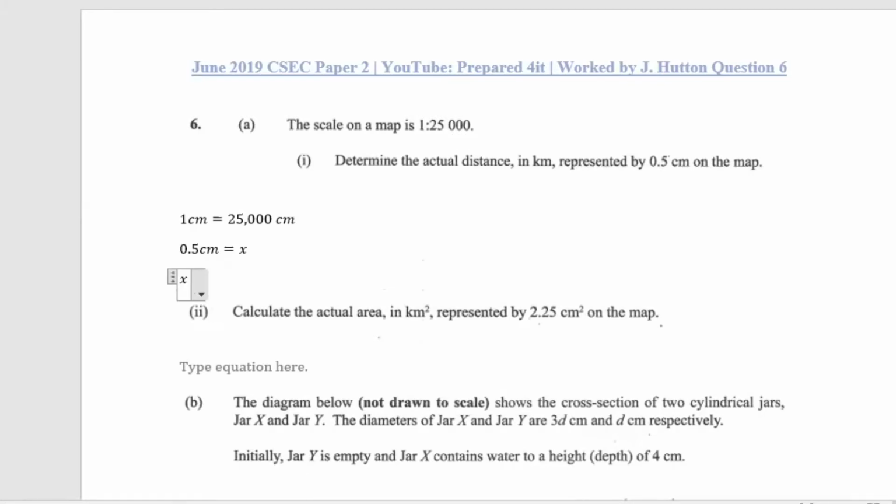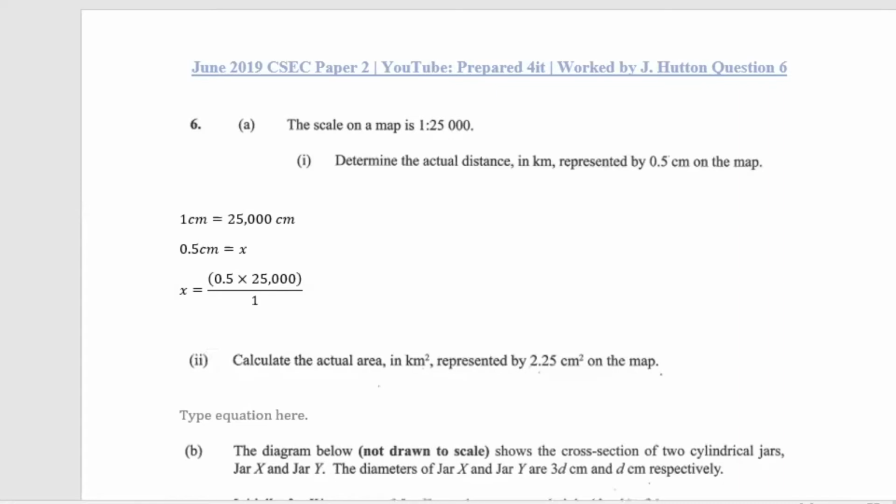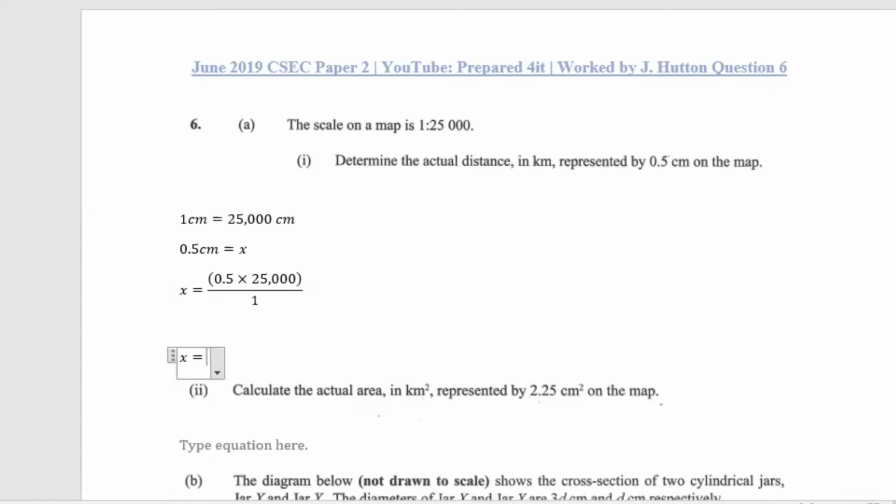So we can cross multiply, multiplying 0.5 by 25,000, and all of that is divided by 1. When we put that in our calculator, we get x equal to 12,500 centimeters. But the question asks to determine the actual distance in kilometers.